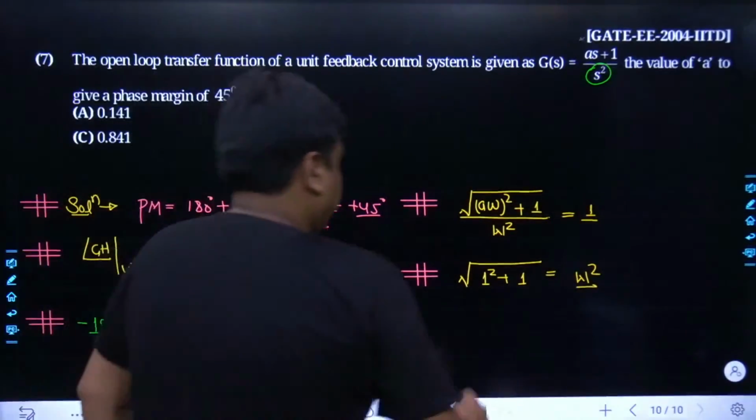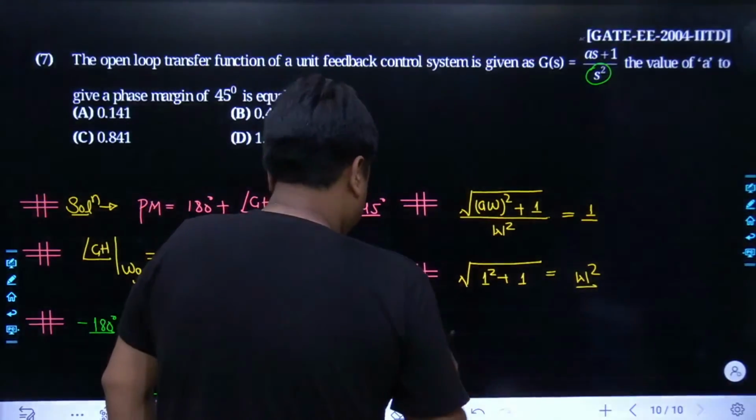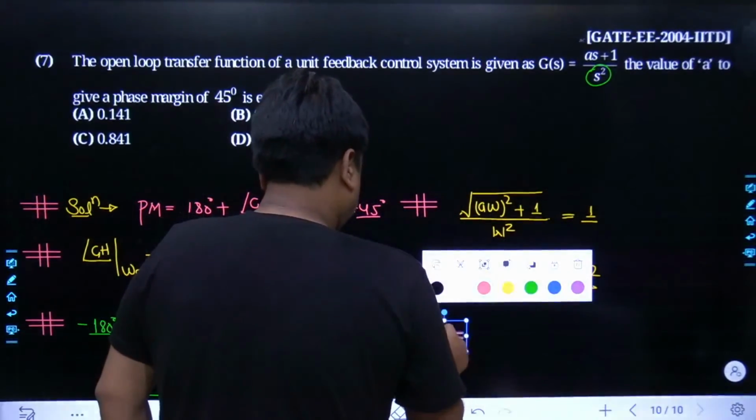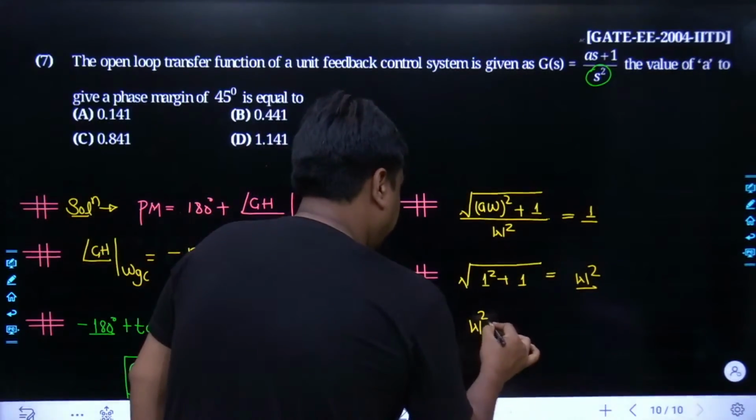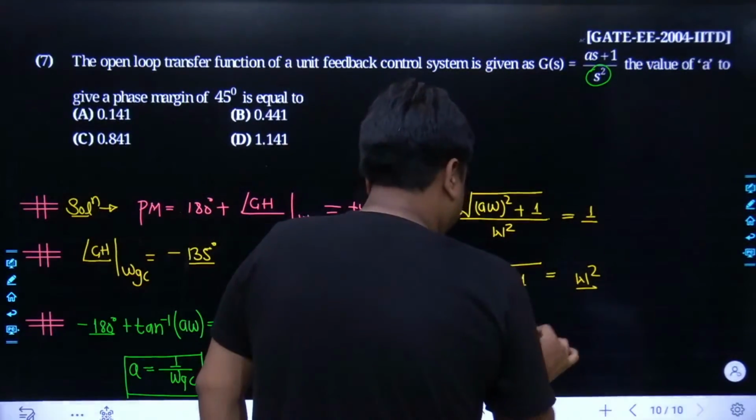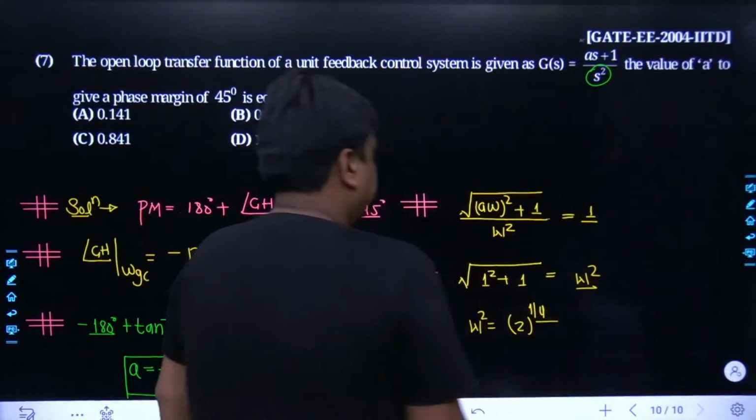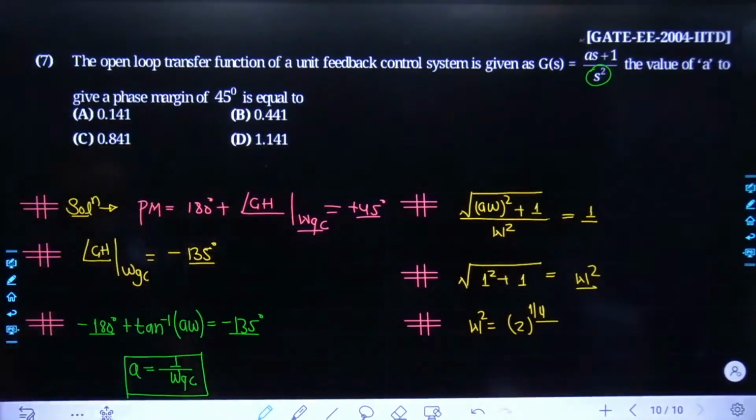And from here, how much answer have we got, my dear friends? So omega square is equal to 2 raised to the power of 1 by 4. Calculate this and tell me what would be the best answer we would get out of this complete calculation.